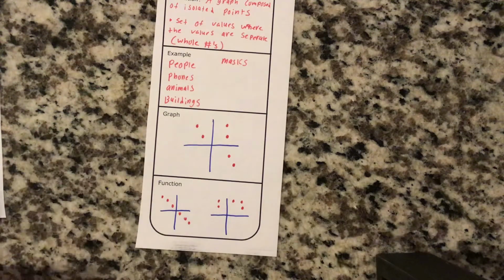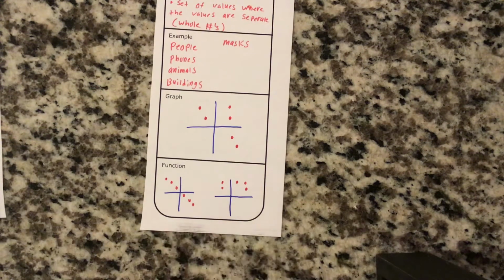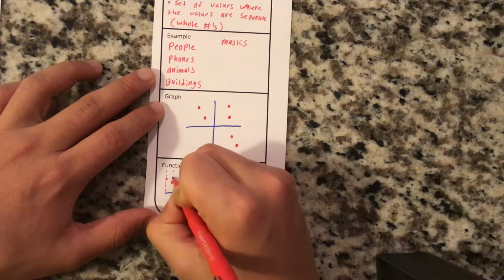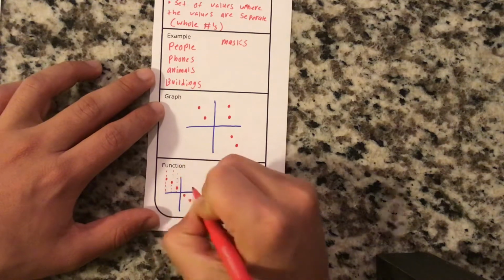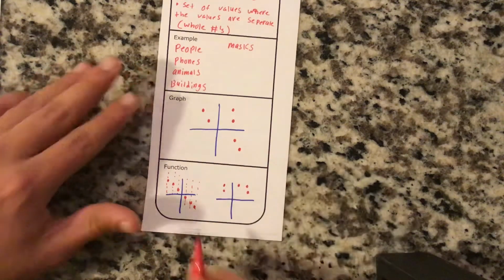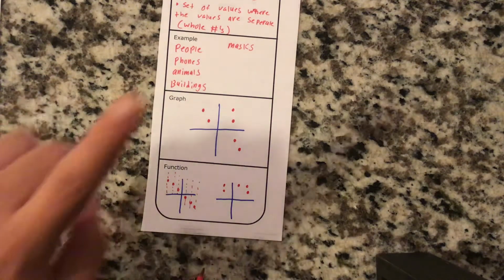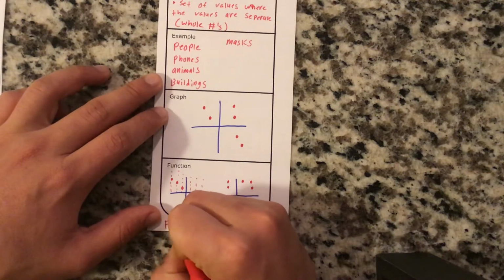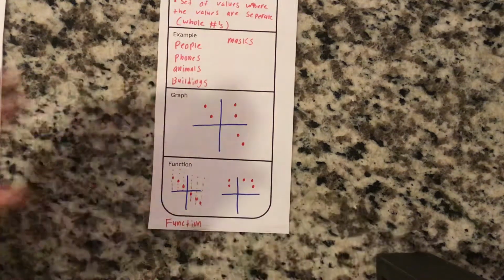All right, so if we remember how we talked about functions, remember we used the vertical line test to determine if graphs are functions or not, right? So what we would do is draw our dotted lines all through these, and they should only hit one time. Every time I'm drawing these vertical lines, I'm only hitting one point, which means this one on the left is a function, right?